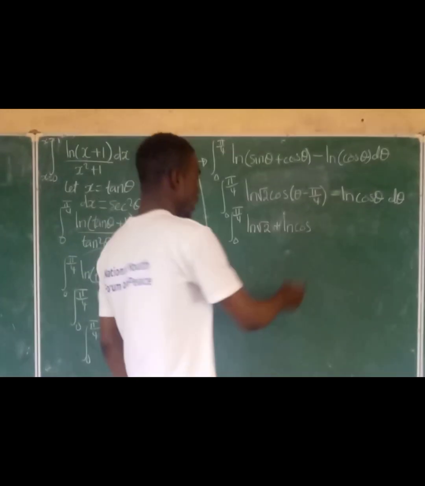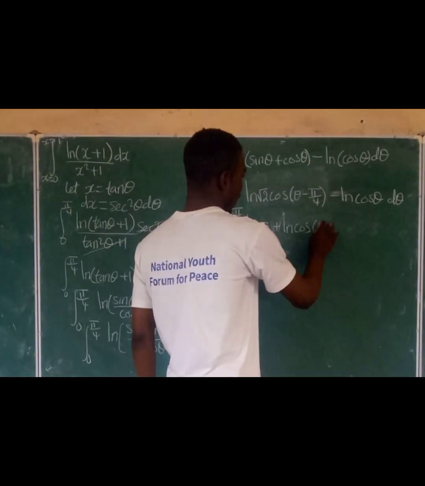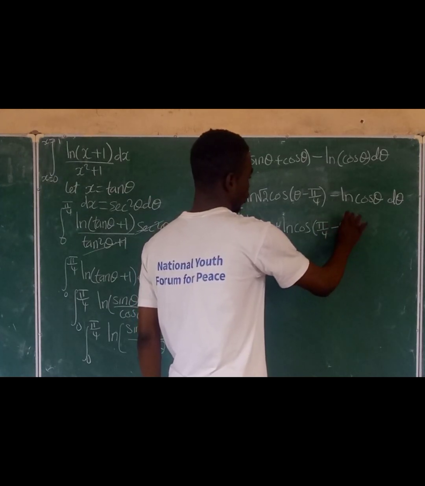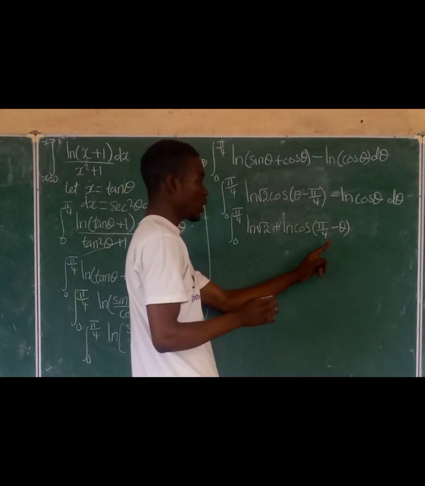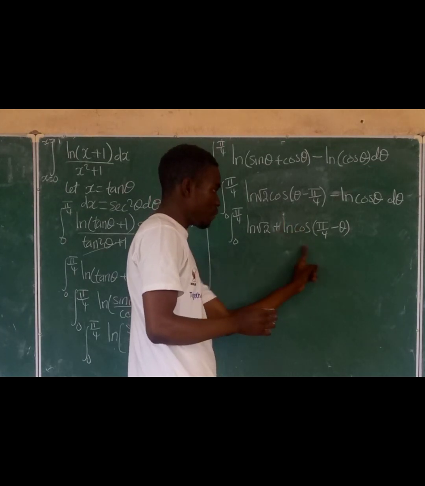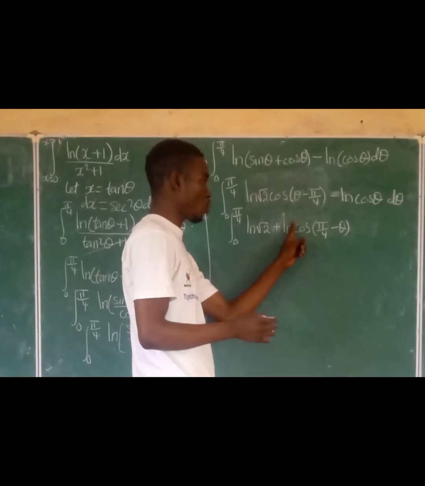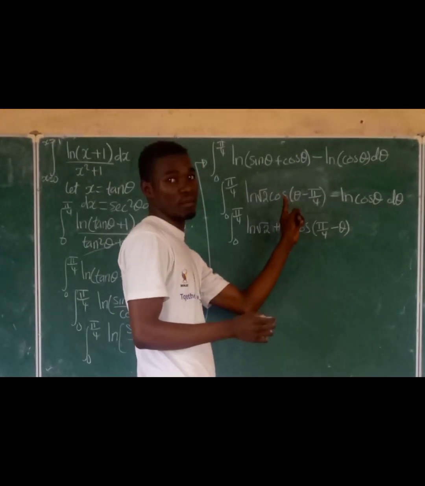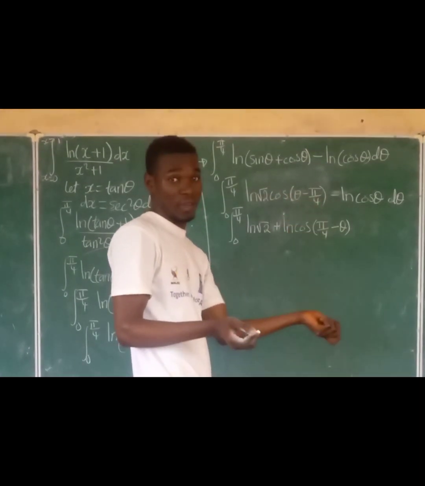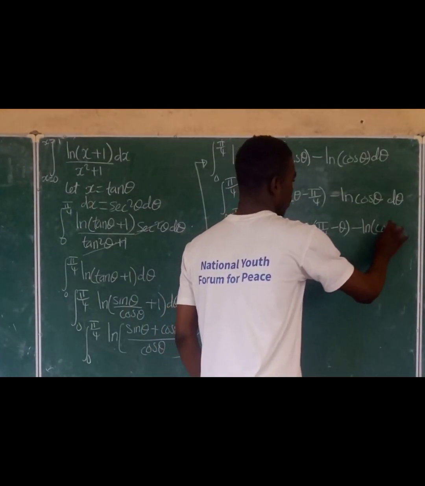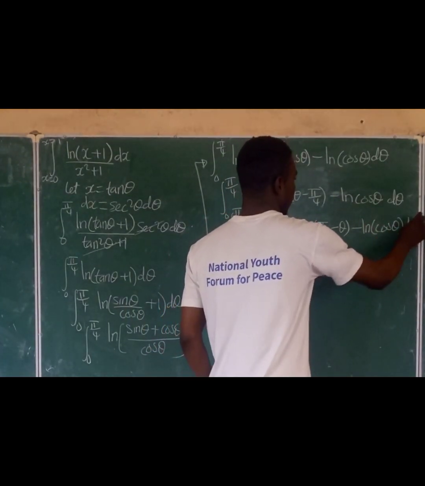Yeah, so I'll write this one as pi over 4 minus theta. This function is still the same as this one, okay? Yeah, you can check that by yourself, okay? Then minus ln of cos theta d theta.